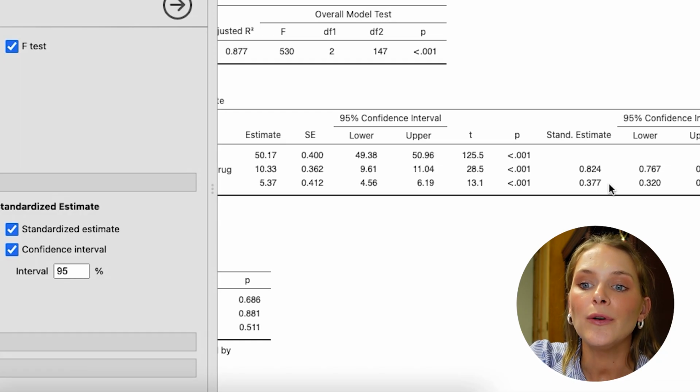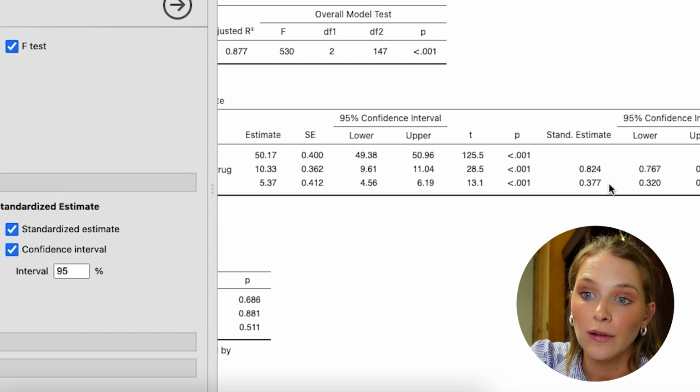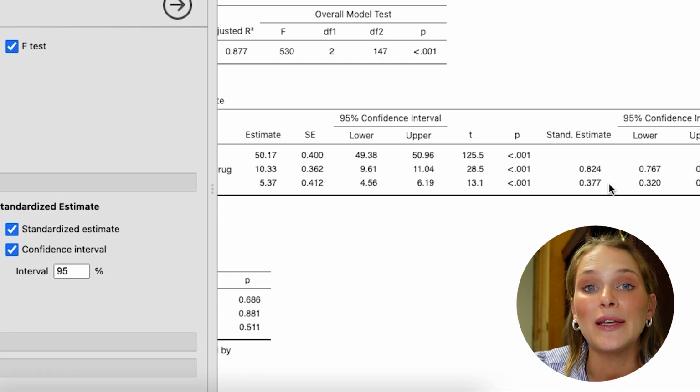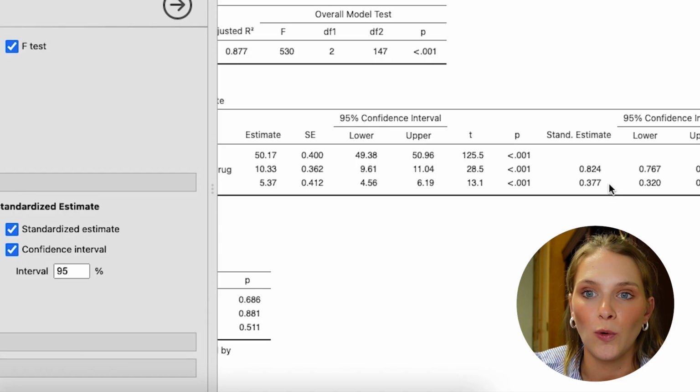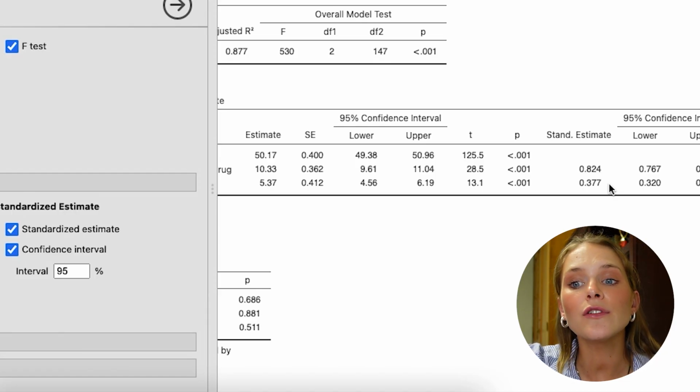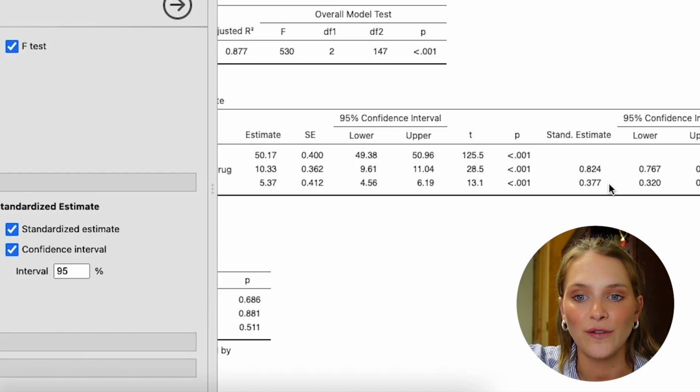That value is more than double in terms of standard deviation units compared to the room temperature manipulation. So that's why the standardized estimates can be really, really helpful in understanding which of these predictors is contributing more to the model. And then of course, we also have the confidence interval.